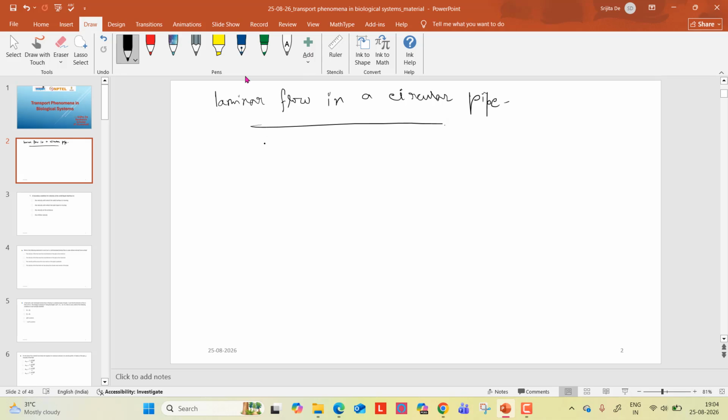This is your pipe, and suppose this is your axis. This is the R direction and this is the Z direction. Theta is the rotational direction.